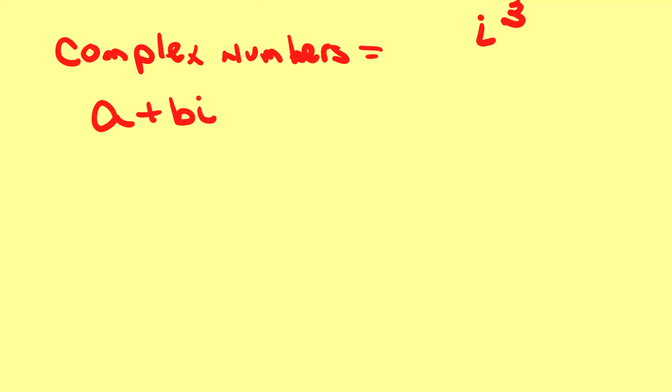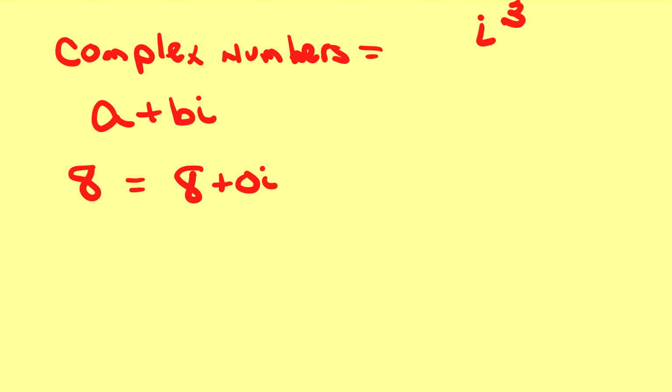For example, 8. We're used to just calling it 8. 8 is a number, but it's also a complex number, because I could write this 8 in a different form, in particular, 8 plus 0i, where 0 times anything is 0.